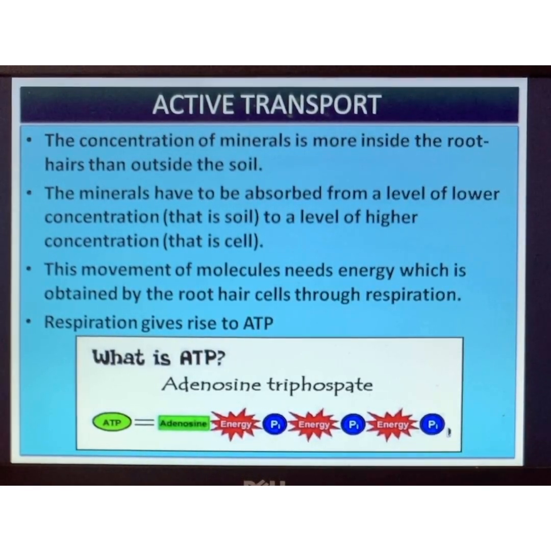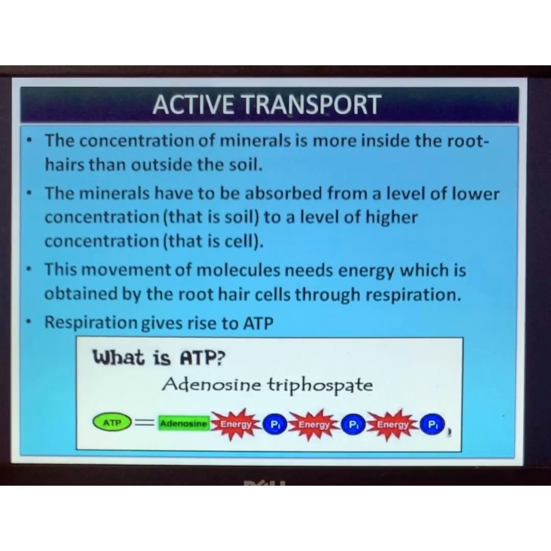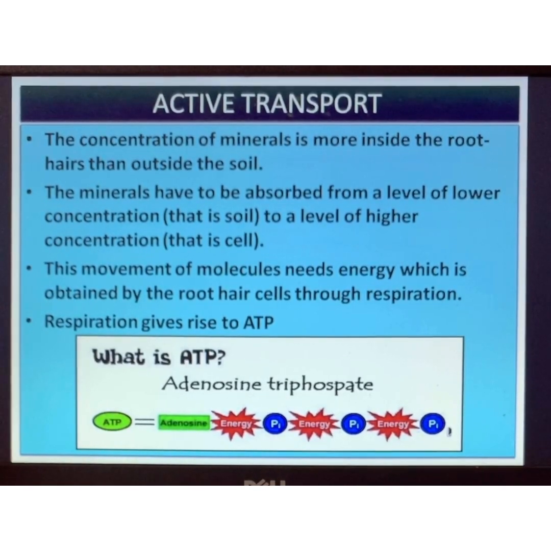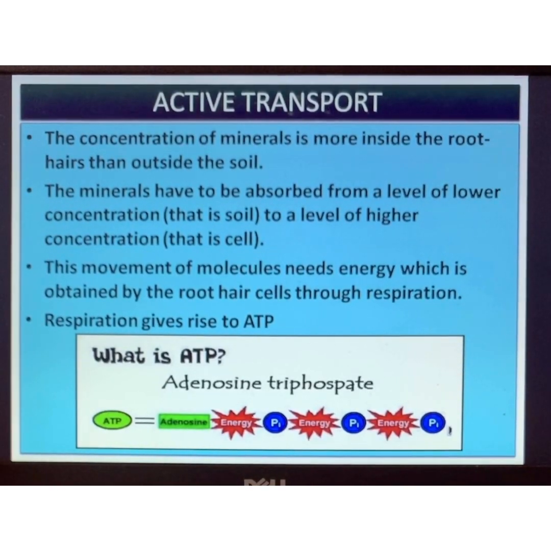The concentration of minerals is more inside the root hair than outside in the soil. So the minerals have to be absorbed from a level of lower concentration, which is in the soil. The soil will not necessarily have a higher concentration of minerals.